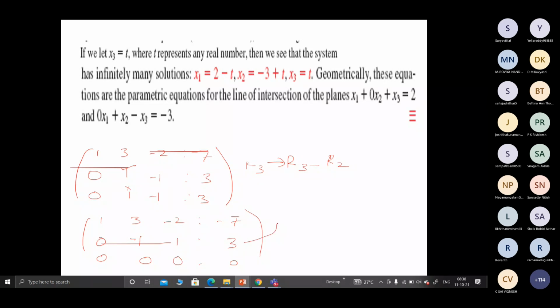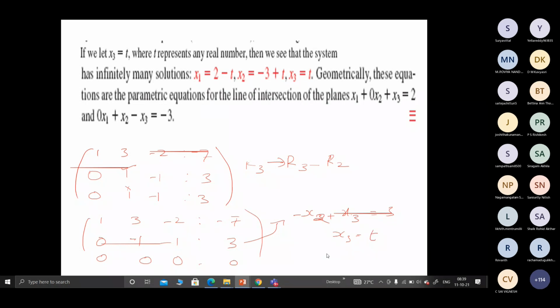If you write the equations now, this is the Gauss elimination method and it is in echelon form. So if you write -x2 + x3 = 3, take x3 equal to some arbitrary number. Somebody asked in the last class, can we take x2 as the arbitrary value? Yes, fine. But we go in some order, so you can take x3 equal to t.